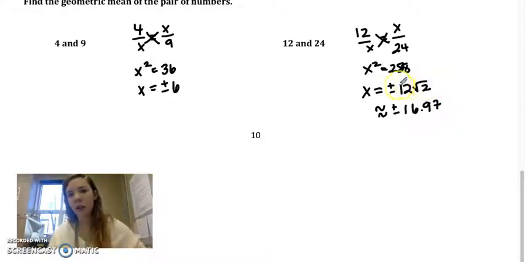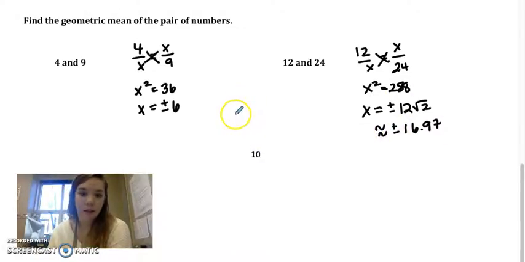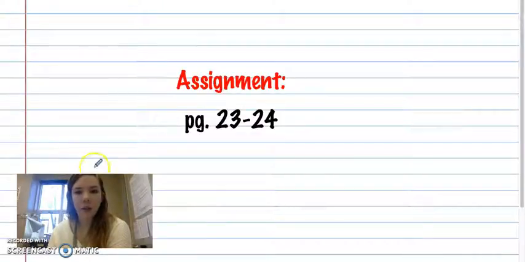Okay, again, since it's not in context, I'm going to go ahead and leave the positive and the negative. But if it was in context like length or distance, anything like that, we would throw out the negative answer. Your assignment for tonight is pages 23 and 24.